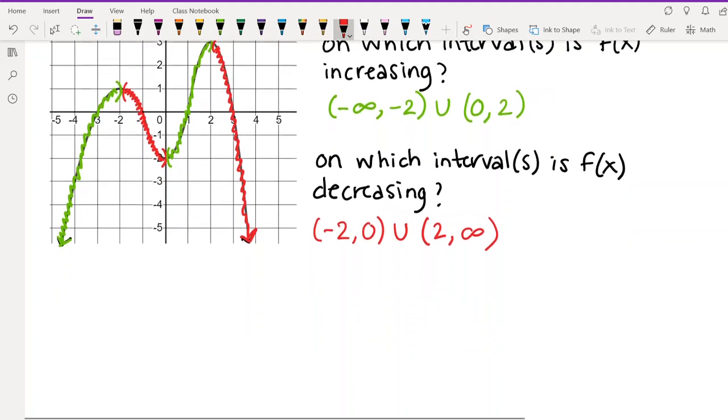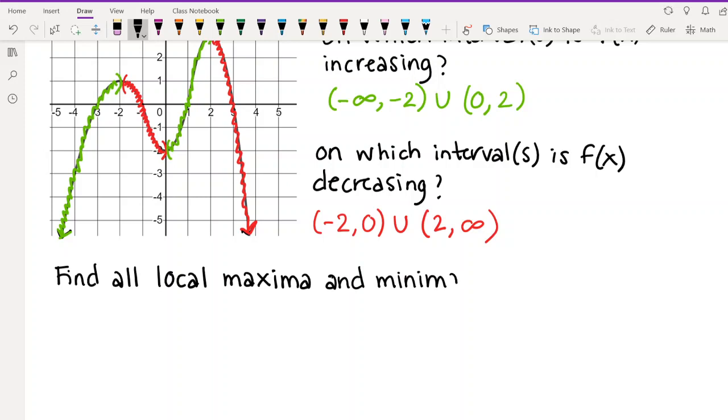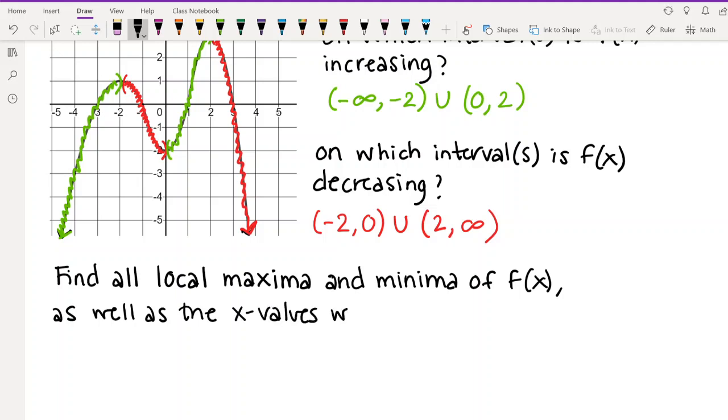Okay, so next thing we want to answer is we're going to find all local maxima and minima. So again, remember, maxima and minima is just the plural for maximum and minimum of this function, as well as the x values where they occur.